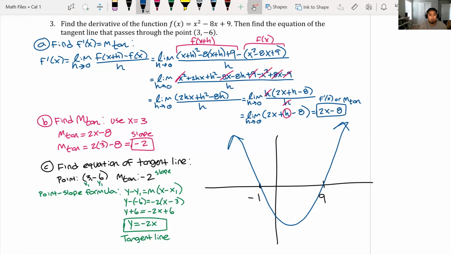At the point 3, negative 6, which is probably around here, we'll say this is 3, and somewhere around here is negative 6. Based on the derivative, we found the slope at this exact point to be negative 2.